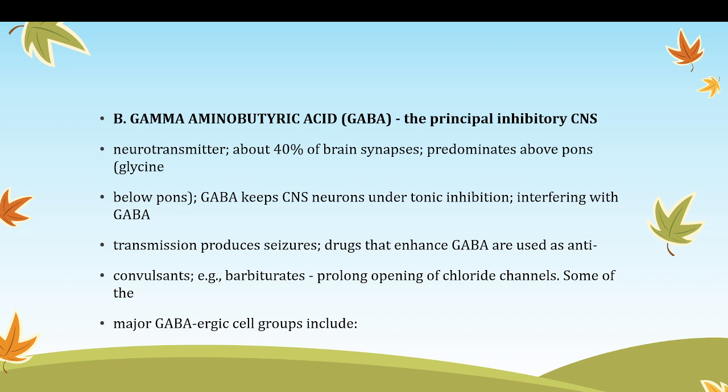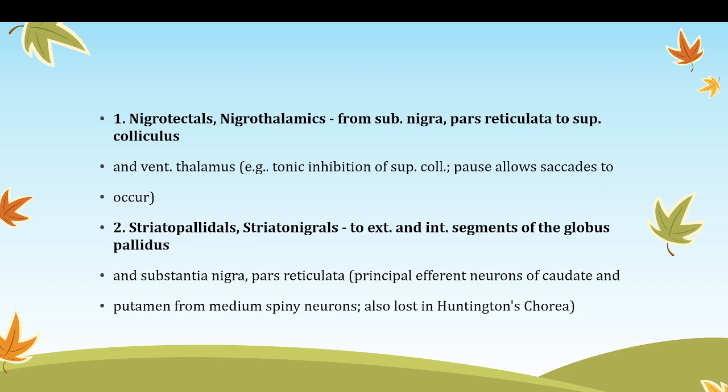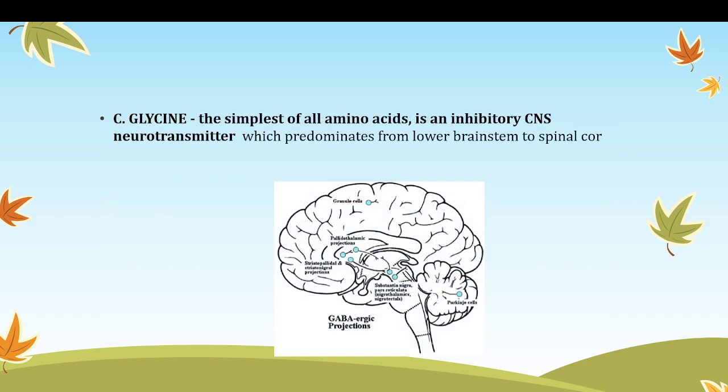Major GABAergic cell groups include nigrothalamics from the substantia nigra pars reticulata, etc. Next, glycine. Glycine, the simplest of all amino acids, is an inhibitory neurotransmitter which predominates from the lower brainstem to the spinal cord.